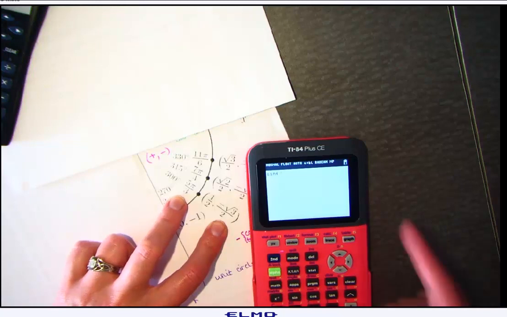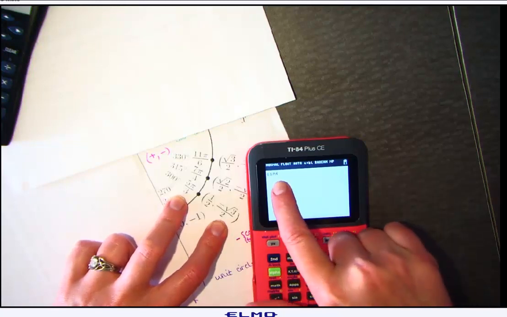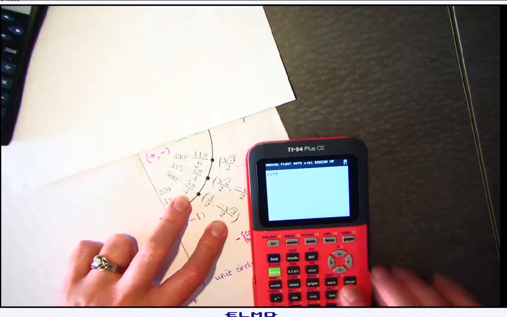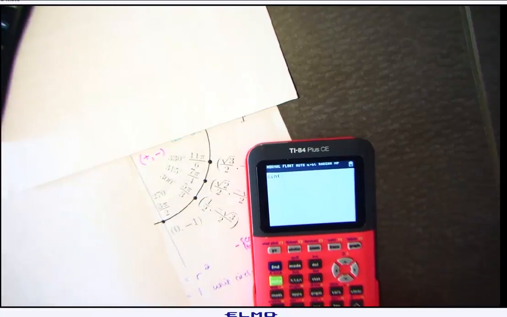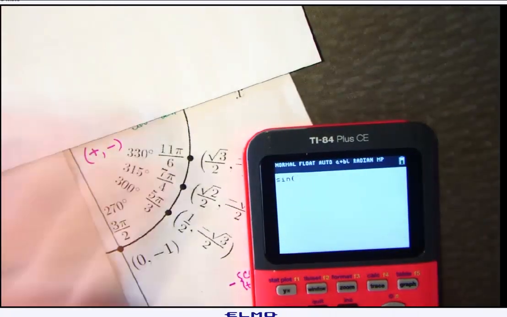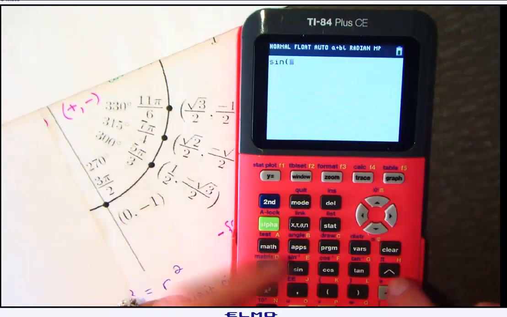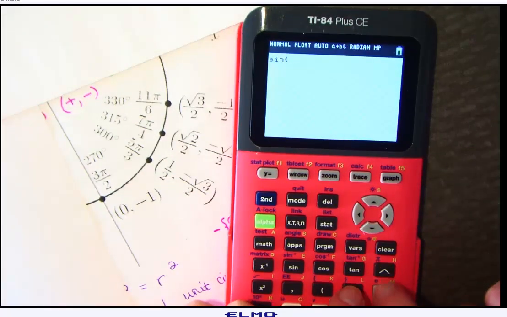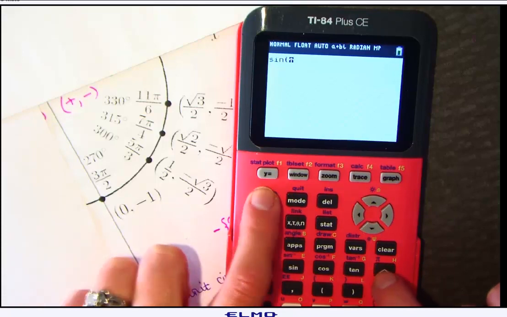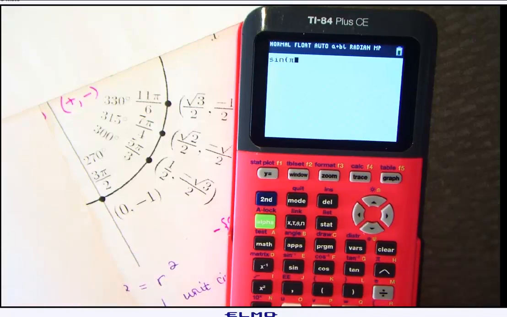If I want to make sure I'm at the right angle, I could type in sine of 5 pi over 3. I'm going to do this with both of my calculators so you can see how we'd be doing it. When I hit sine, it opens up parentheses. The pi button is here above the exponent. So second exponent. Oops, I'm sorry, I want 5 pi divided by 3.